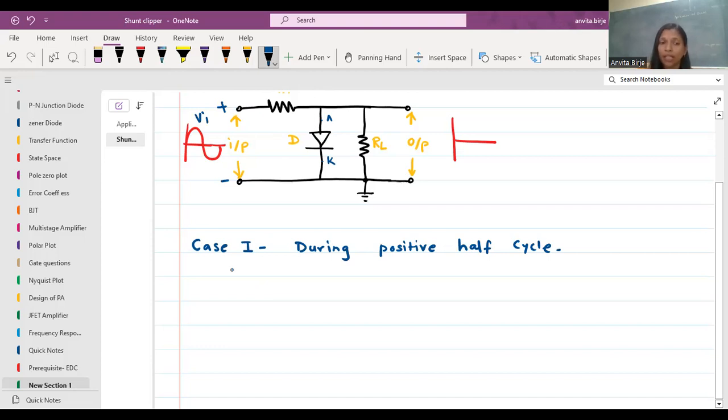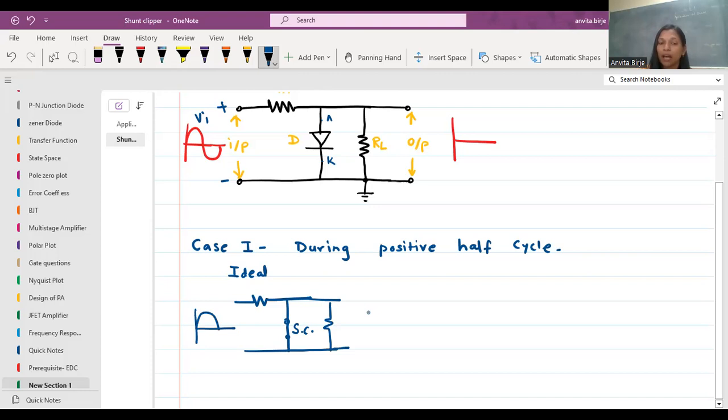First we consider the ideal case. In the ideal case, this diode acts as a short circuit because the diode is in forward bias. When the diode is in forward bias, I'll redraw the circuit. It acts as a short circuit, and the remaining part of the circuit, we are applying the positive half cycle.